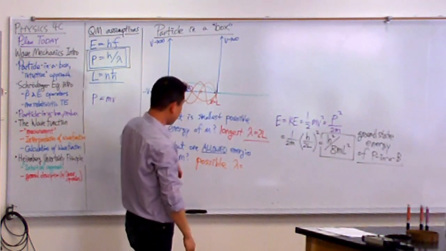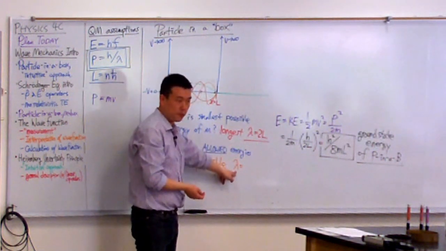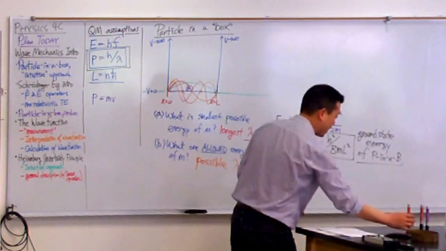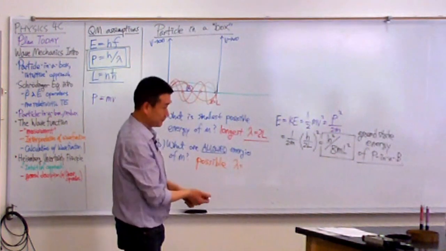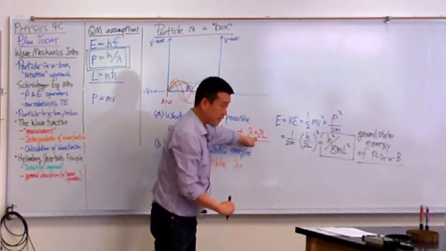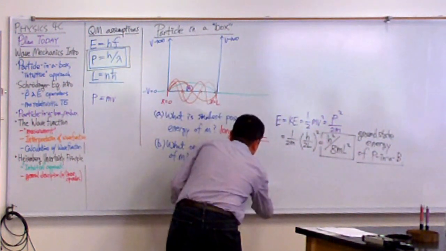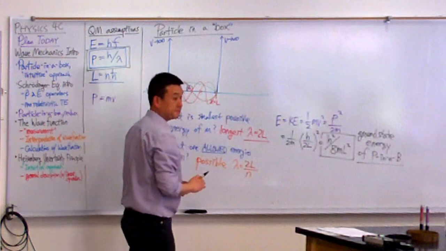Okay? So it might take a while to guess a correct expression for wavelength. In the interest of time, let me guess it for you. It's going to be a fraction of this 2L. That's the longest one. And the fraction will take the form of 2L divided by integer n.